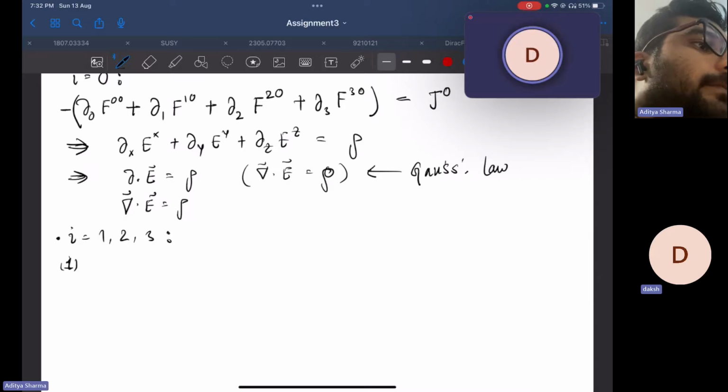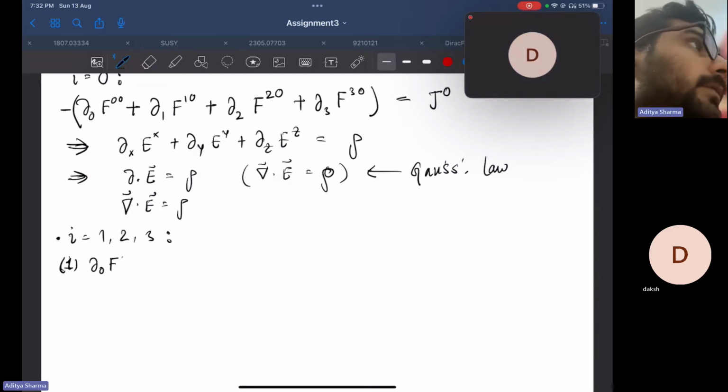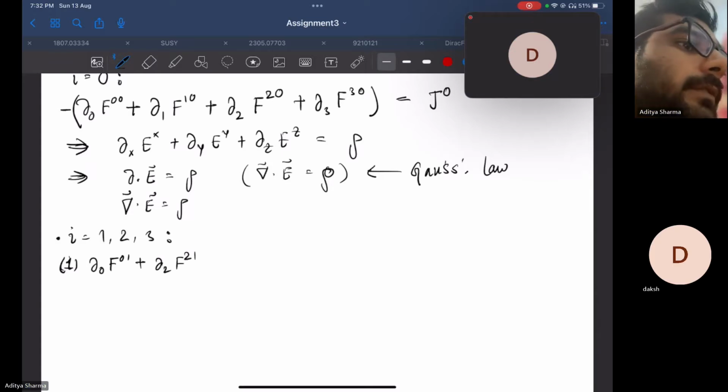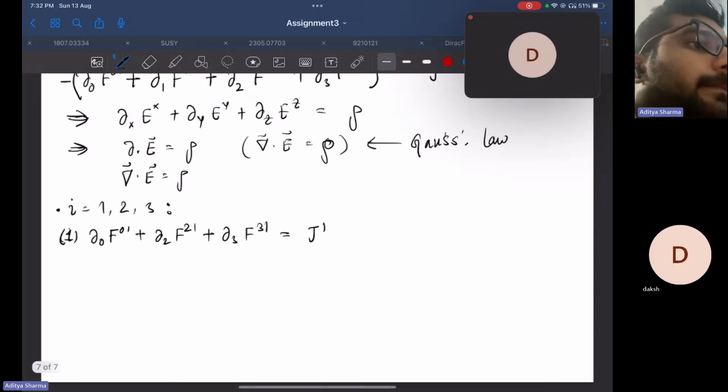D0 F^01, plus D2 F^21, plus D3 F^31, is equal to J^1, with the minus sign overall.